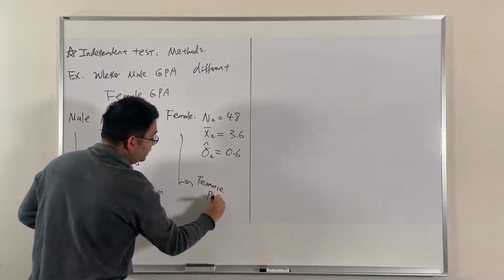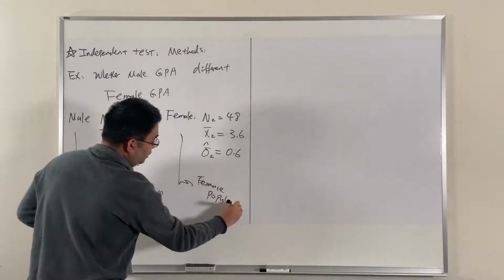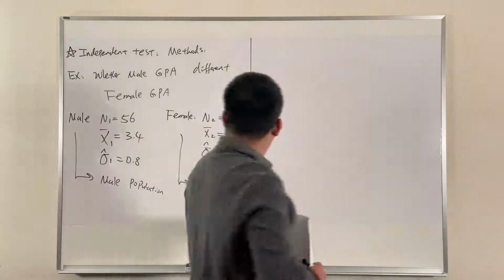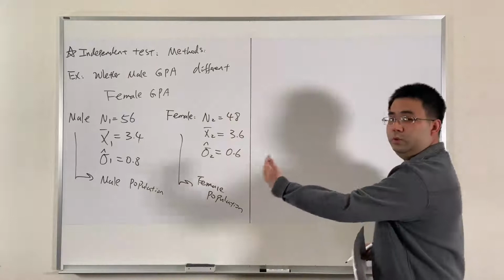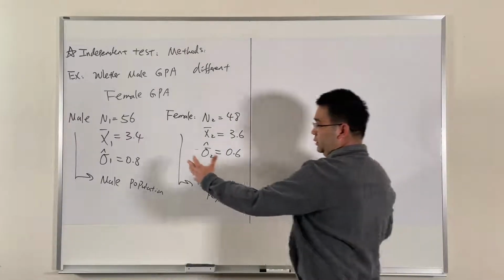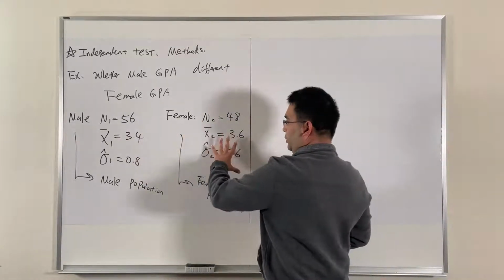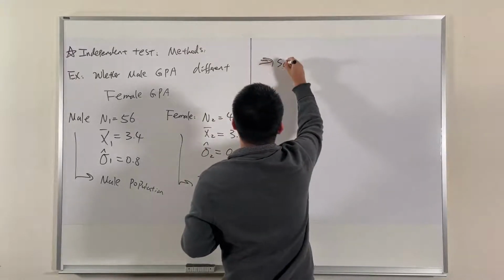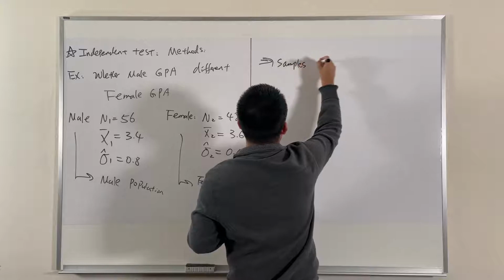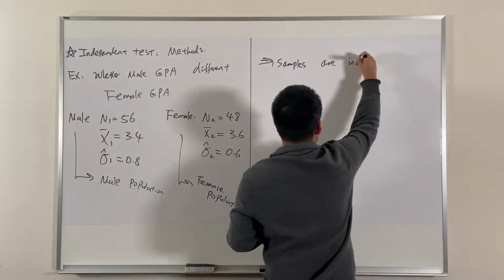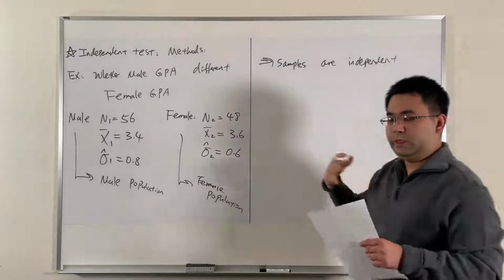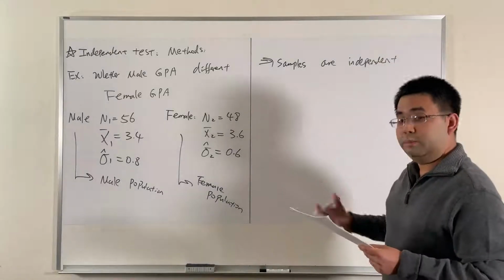So we're testing these two populations, whether their average GPA is different. As you can see, these two samples are independent, right? This group of people are not in this group. This group of people are not in this group. So the two samples are independent, and therefore we would like to do an independent test.